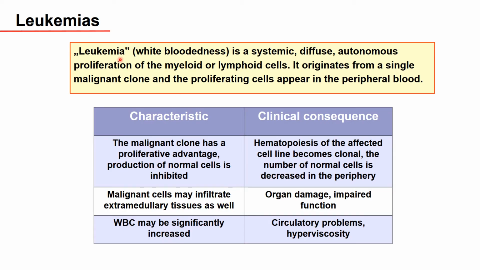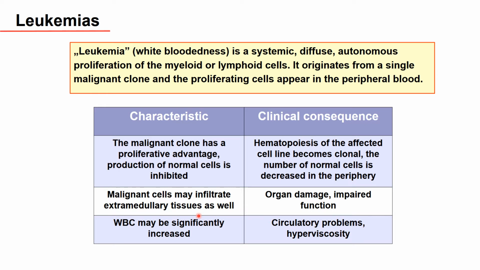Now, leukemias. When we're talking about leukemias, it means that the blood is whitish, so this is white bloodedness. It's a systemic and diffuse autonomous proliferation of myeloid or lymphoid cells, and it mostly involves the periphery, the blood stream.